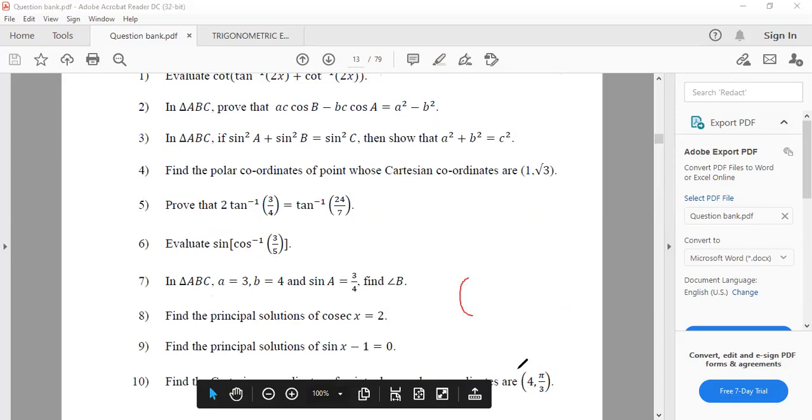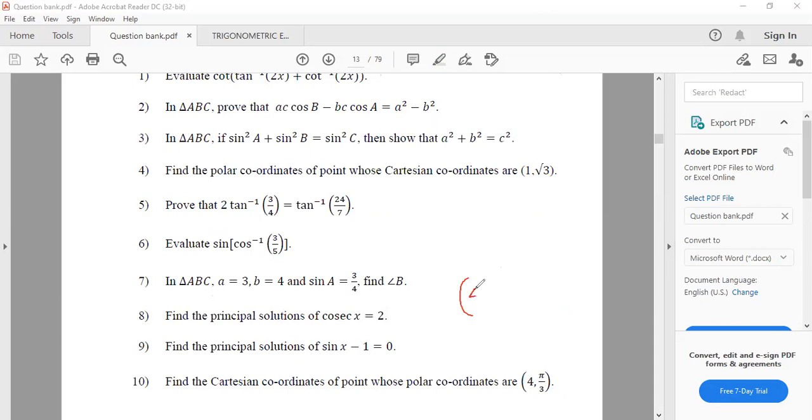Cartesian coordinate is 4 cos pi by 3, 4 sin pi by 3. There's nothing else to write. It is a one mark question, no? Directly you can write the formula, r cos theta, r sin theta. Here r is equal to 4 and theta is equal to pi by 3. Just replace and write your answer. No problem, everybody?